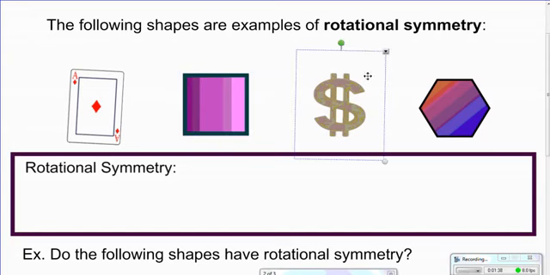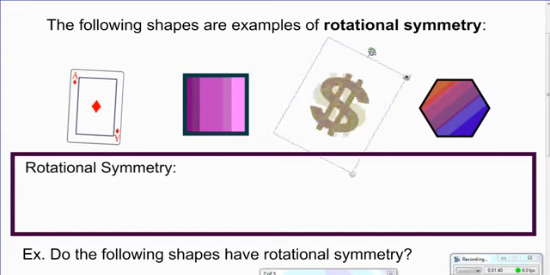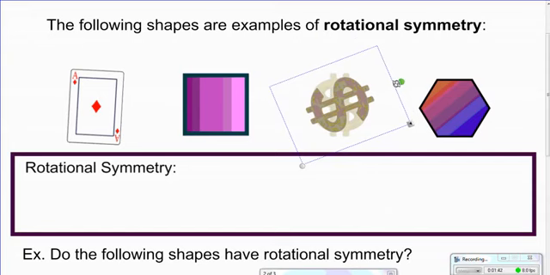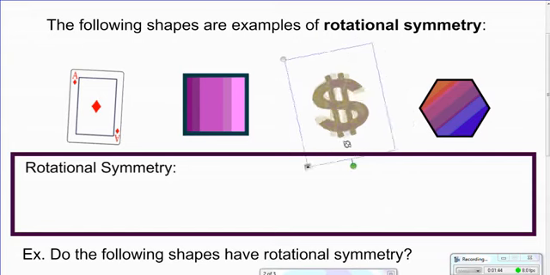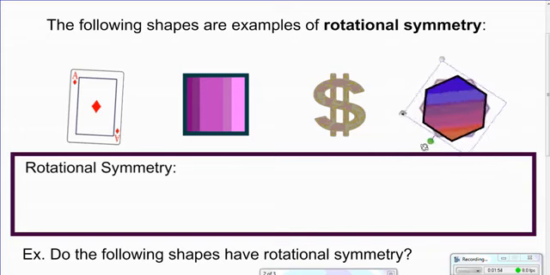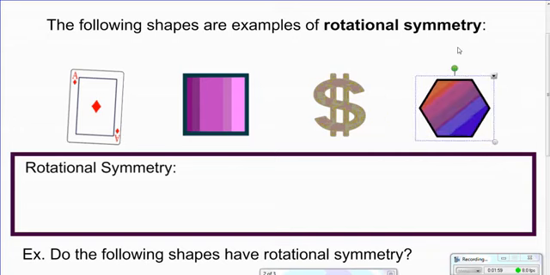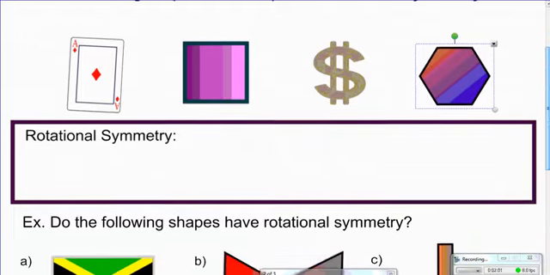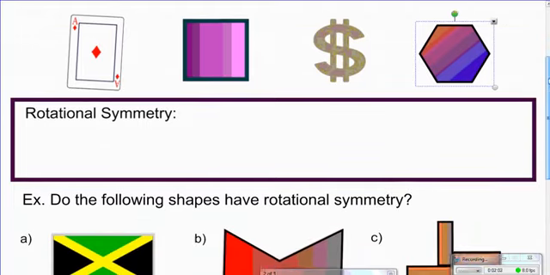When we look at the dollar sign, it has 1, 2 times that it's exactly the same. And the hexagon has 1, 2, 3, 4, 5, 6 times that it's exactly the same.